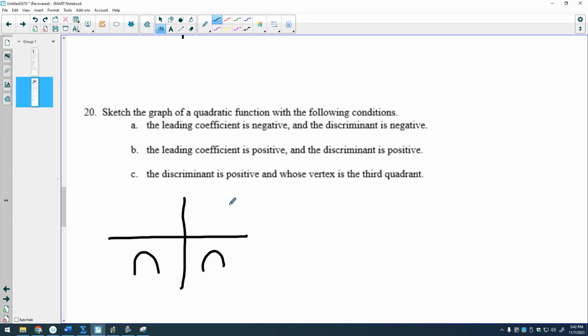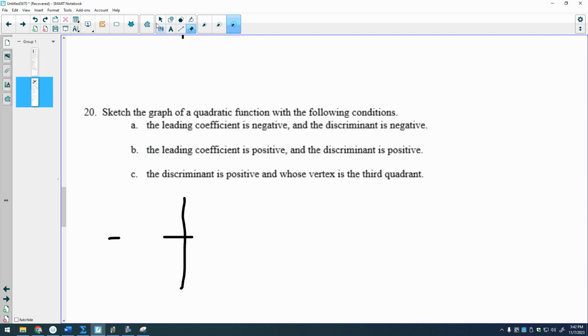Okay, question B. Leading coefficient is positive, and the discriminant is positive. Remember, a positive discriminant means it crosses the x-axis twice. So we have anything like that. Right side up, crossing the x-axis twice. Okay, last one.